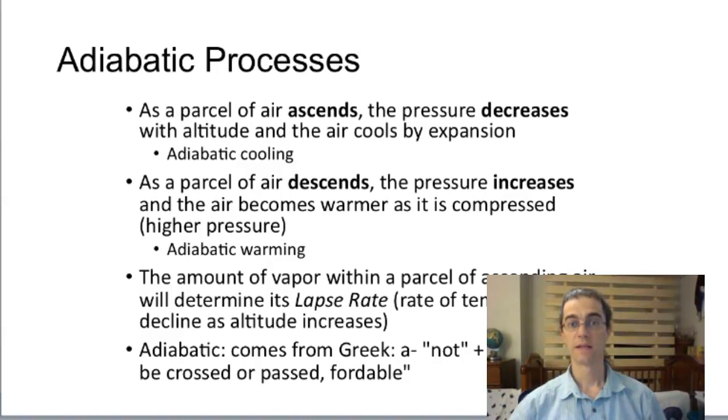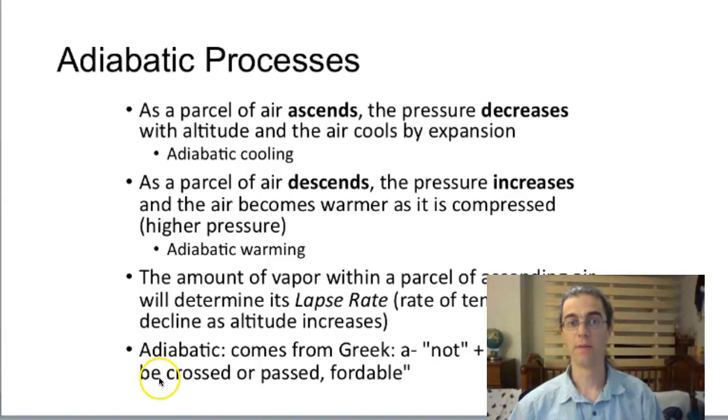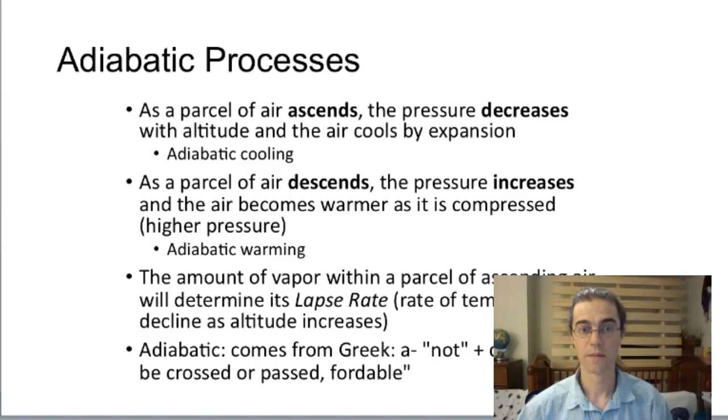Okay, and then in this final part of the lab, I want to continue working with some of these principles and understand adiabatic processes a little bit better. Just to jump to my fourth bullet point here, adiabatic, this word, is not too commonly used in common parlance, but it comes from Greek in terms of etymology, and for not, right?